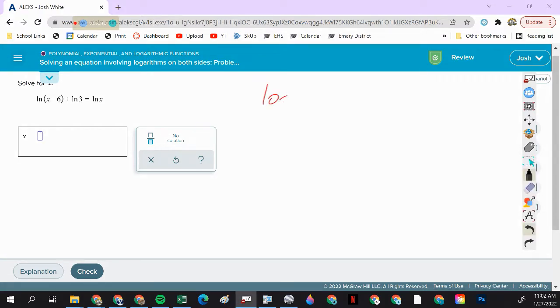What if I had log of 2x is equal to the log of 10? x is 5, right? How do you know x is 5? But I don't know what log 10 is. Do I care what log 10 is? No.